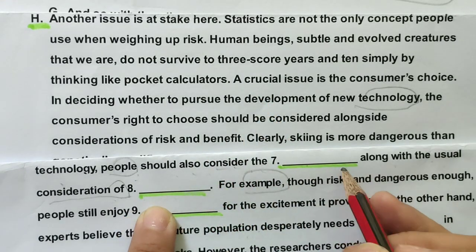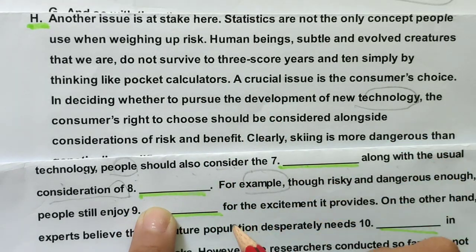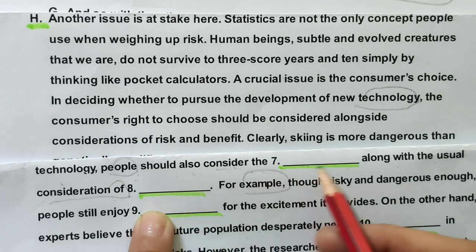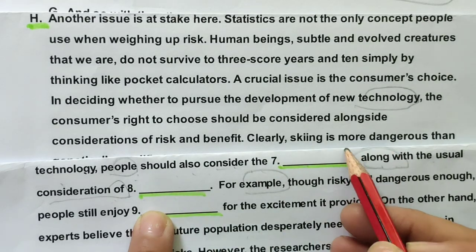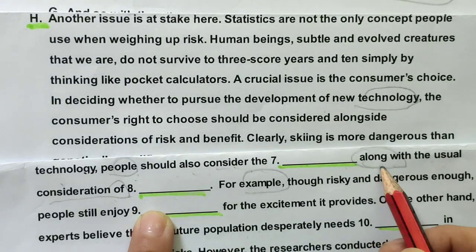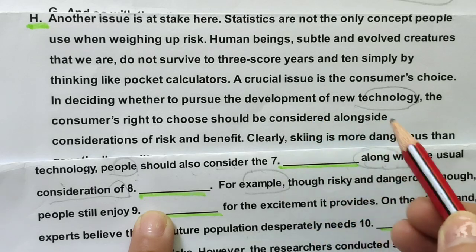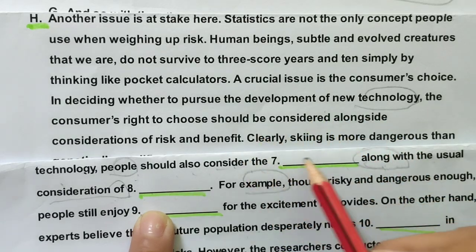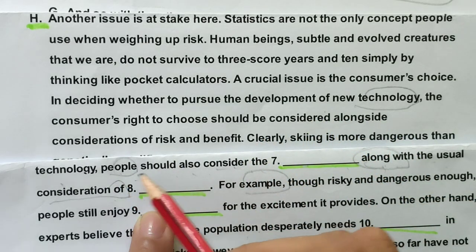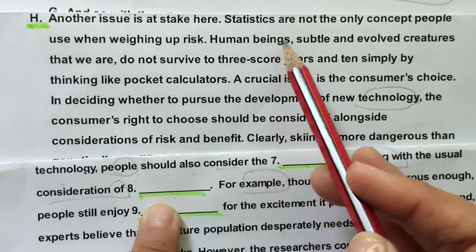So there are two things they are talking about. "Along with" means "and" must be there in the sentence, or a "not only but also" sentence structure can be there. So there are two things people should consider.